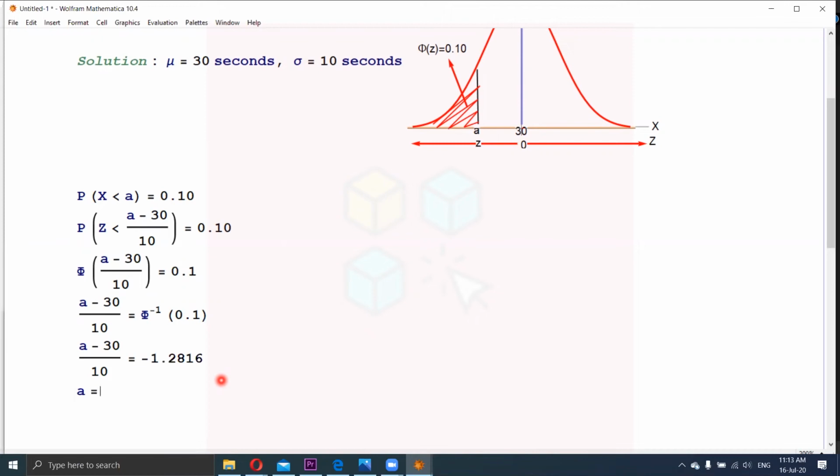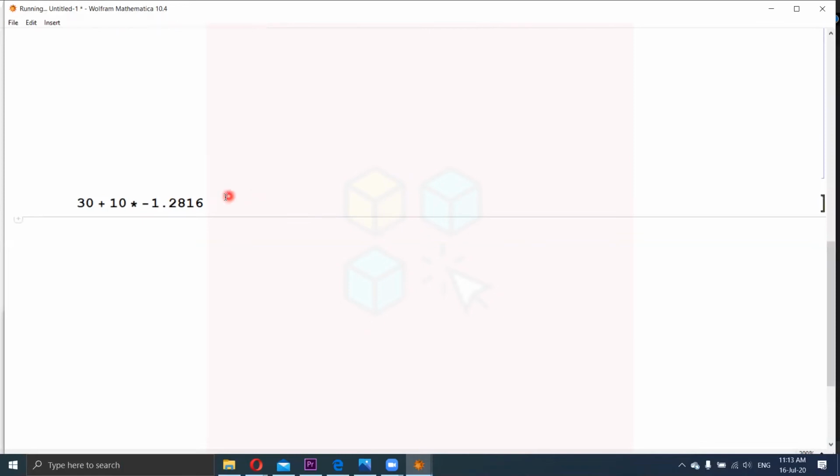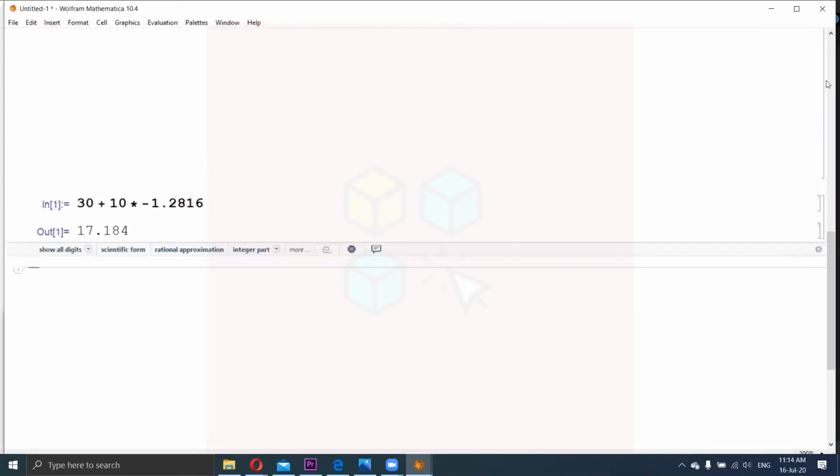So A will be 30 plus 10 multiplied by minus 1.2816, and the result will be obtained as 17.18.